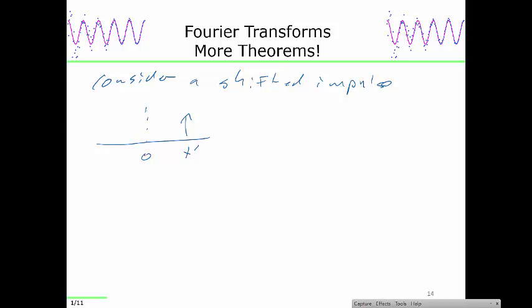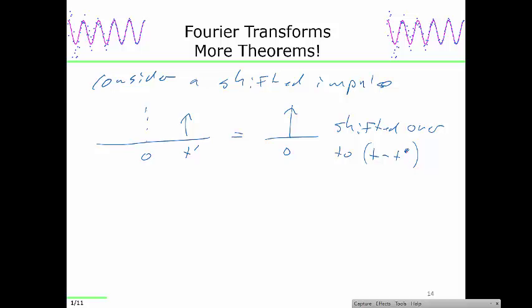Okay? So that is my function in time. I'm going to write this as this shifted. Not t0, t prime. Does that make sense?